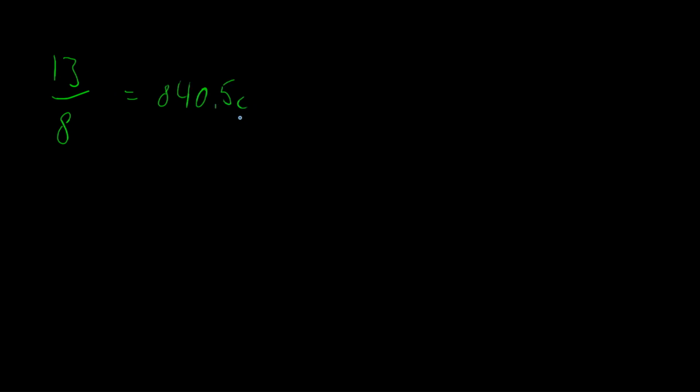That's 840.5 cents. So in 12-EDO, the closest approximation we've got is 800 cents, because in 12-EDO every step is a multiple of 100, which is 8 steps. So that's not very close, but nonetheless, let's say that this is our mapping.